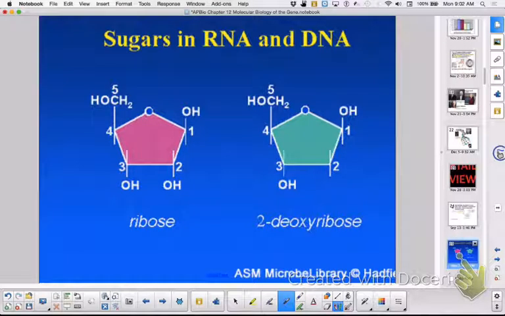Deoxyribose. Now I want you to pay attention, and we talked about this before. Look at ribose and look at deoxyribose. There's a hydrogen right here. What is it missing? Oxygen, deoxyribose. These are your carbons. This is referred to as carbon number 1.